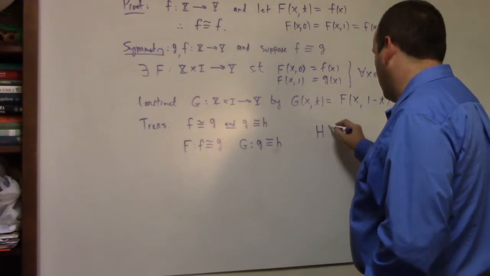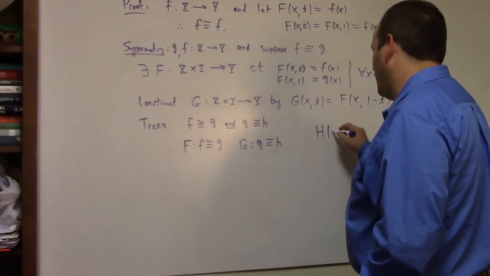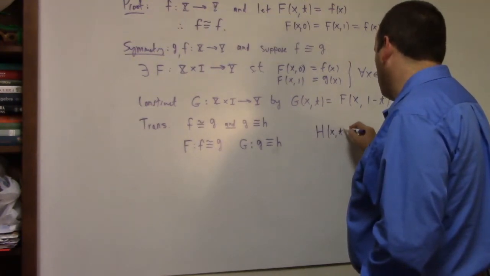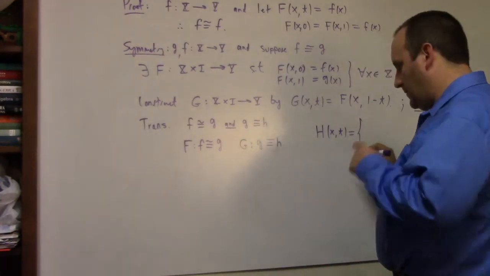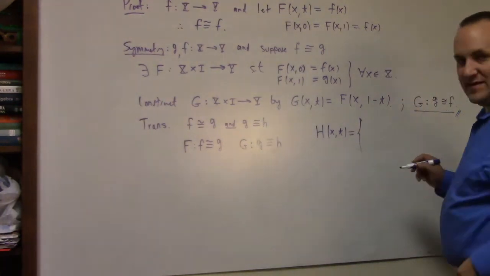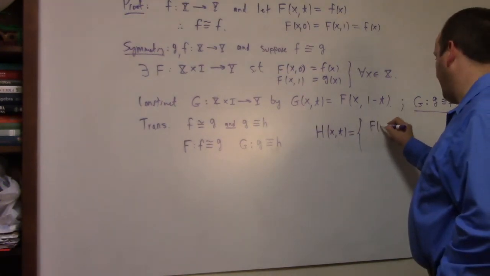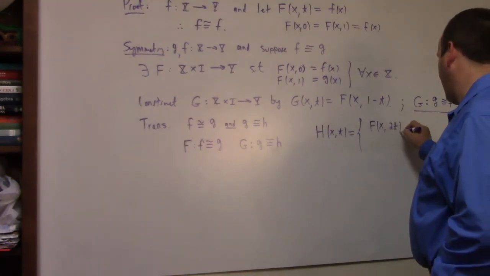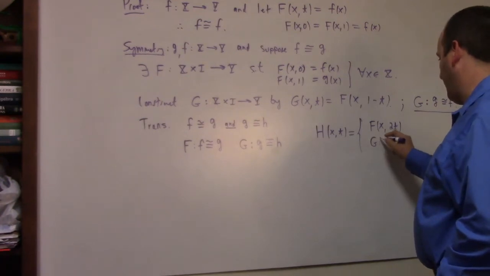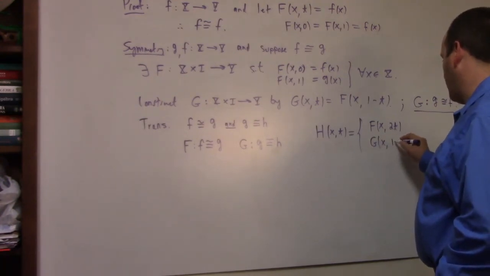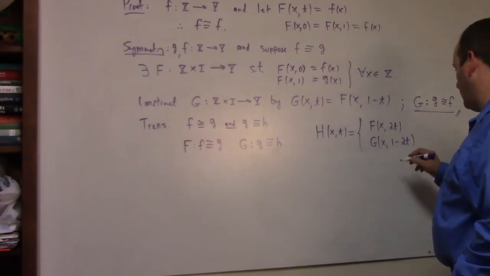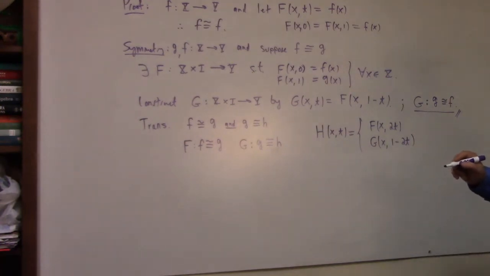Let's see here. We want H of x comma t equal to, piecewise, f of x, 2t for 0 less than or equal to t less than or equal to 1/2.